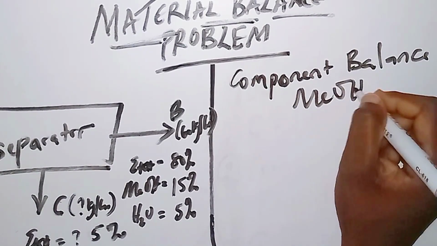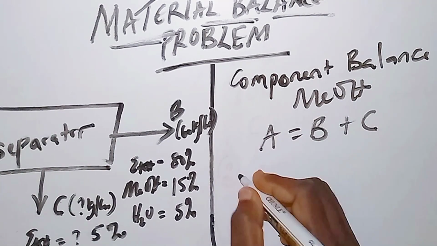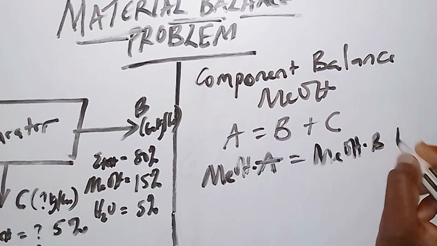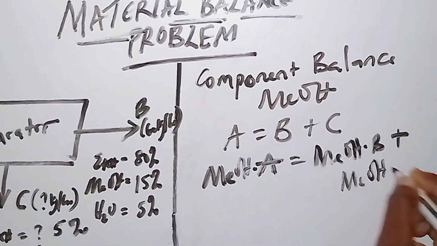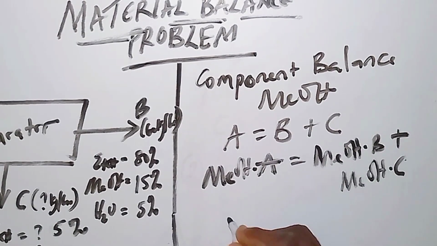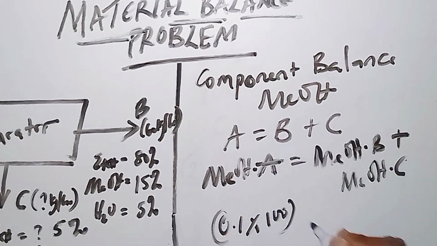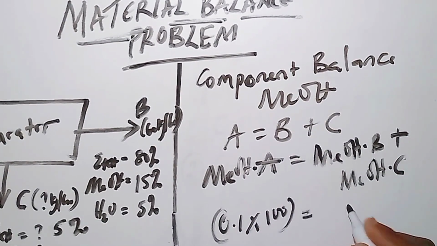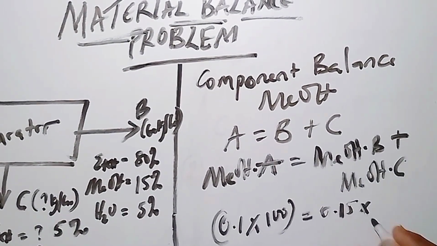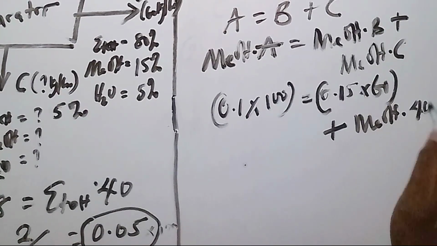Methanol: all you need to do, still using our equation 1, A is equal to B plus C, is take the methanol of B plus the methanol of C. So methanol of A is 0.1 multiplied by the mass of A, which is 100, is equal to the methanol of B, which is 15% divided by 100, which is 0.15, multiplied by the mass of B, which is 60, plus methanol times 40.